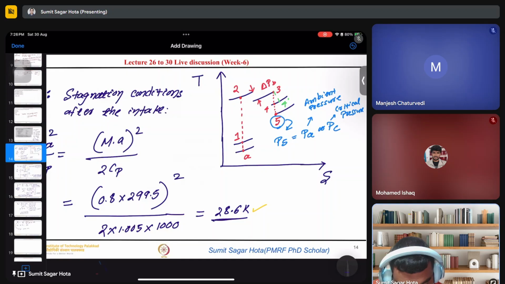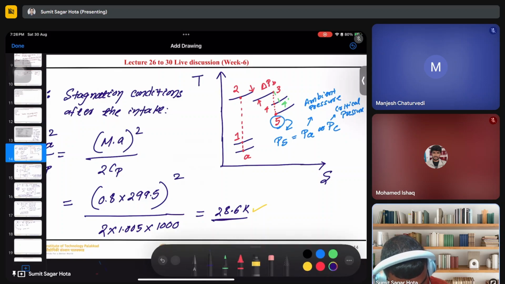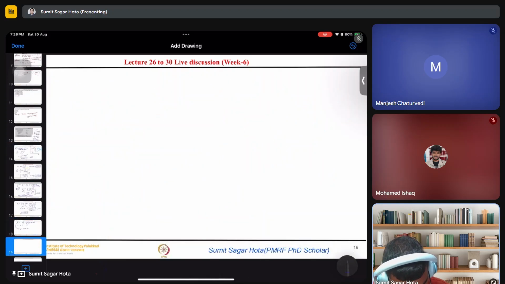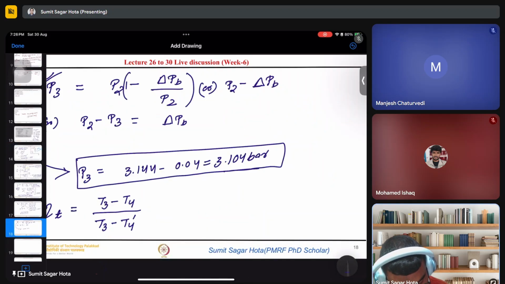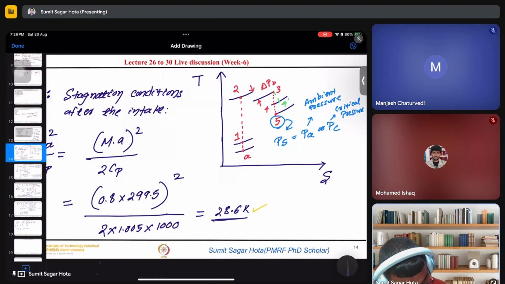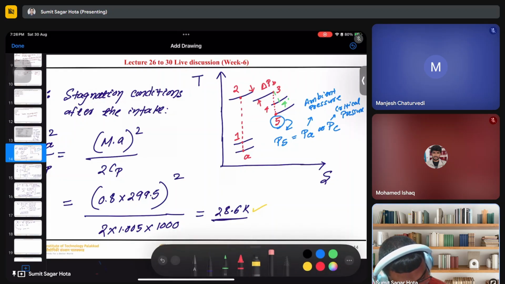So this T, but okay, so that means if this formula satisfies, that means this T4 dash will be less than the T4. Okay, so that means in graph it is actually wrong. I just need to put it on the other side.